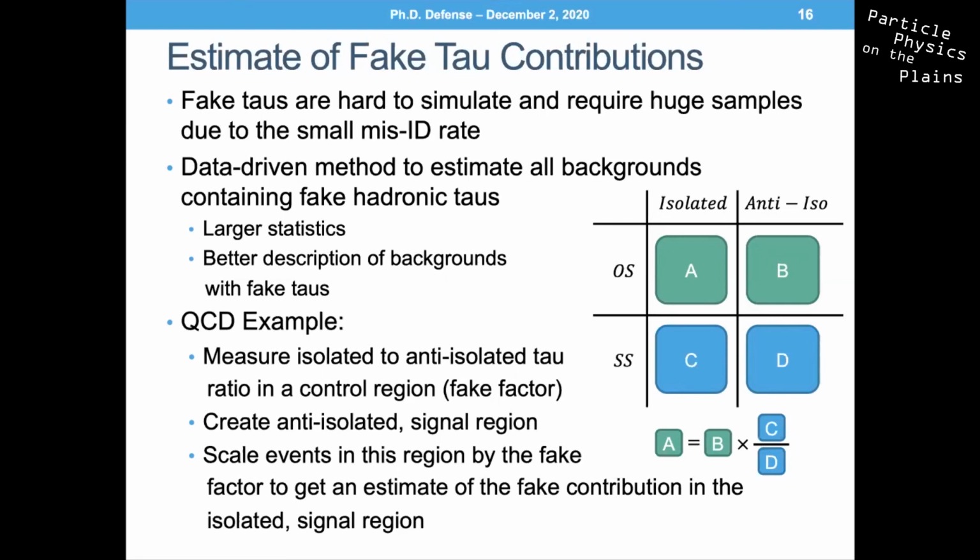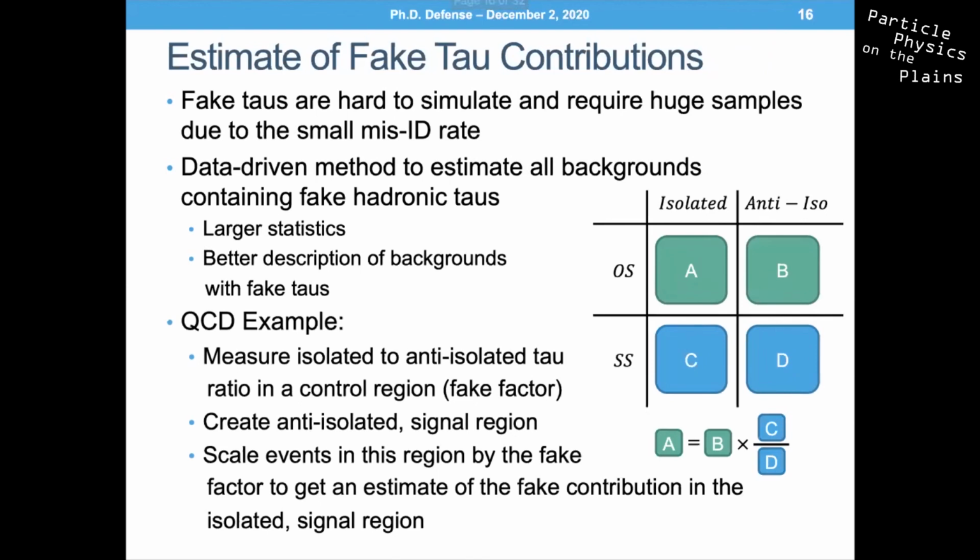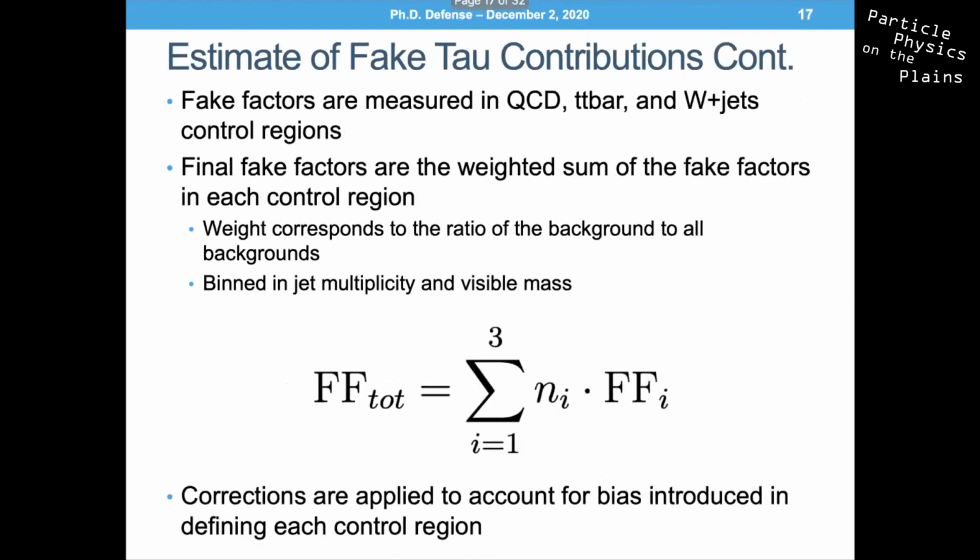So this is the simple example. And now the way it's actually done in this analysis is the fake factors, which I'll go back here. This C/D ratio is called a fake factor. So we measure this fake factor in QCD events, t-tbar events, and W+jets events separately. We construct control regions for each of those, and we measure the fake factor separately.